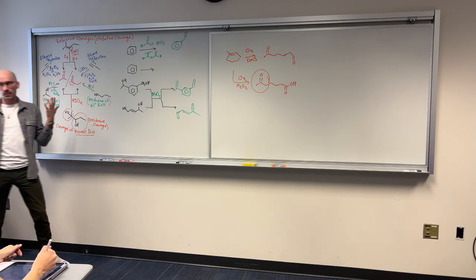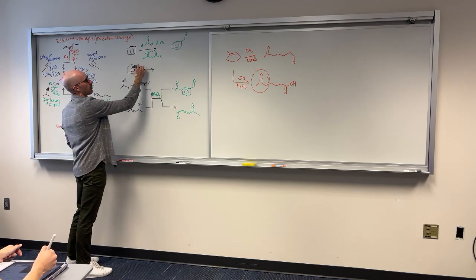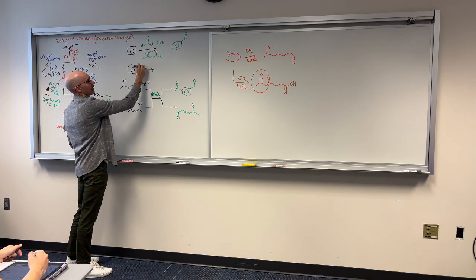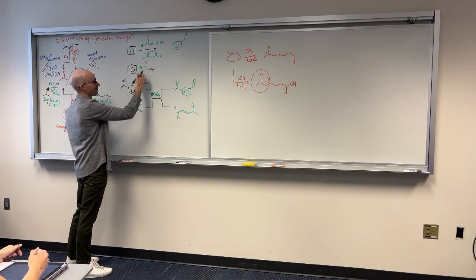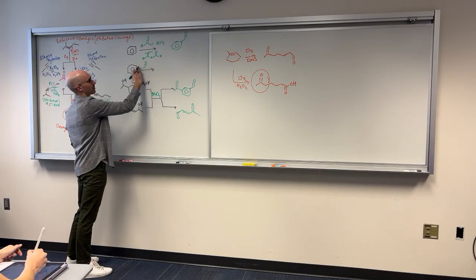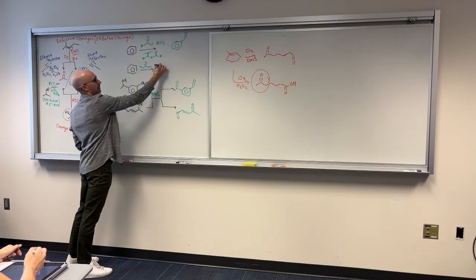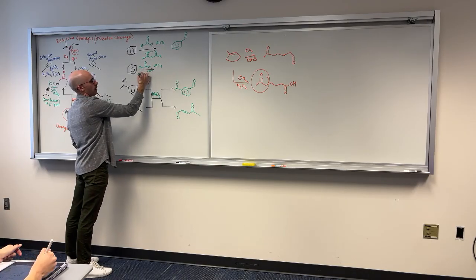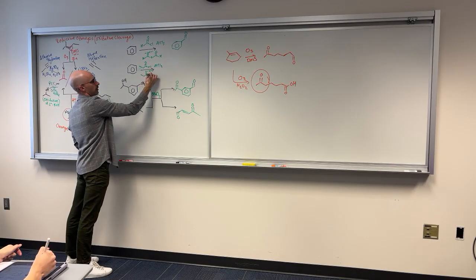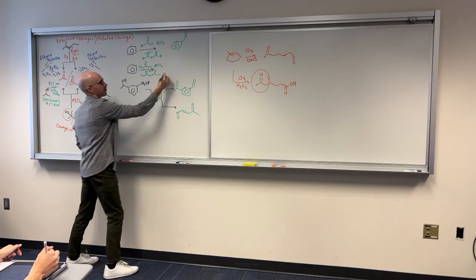All right, so for the bottom one, same thing. We could look at a lot of different structures here. So I'm just going to give an example. This will just be a 3-carbon acid chloride, or it can be a 3-carbon anhydride.